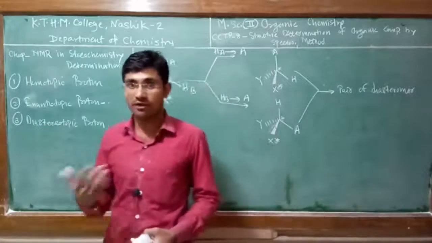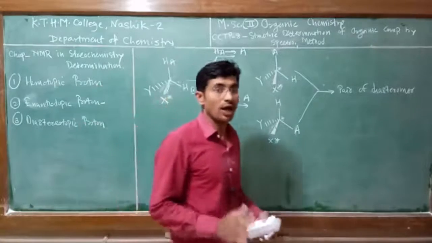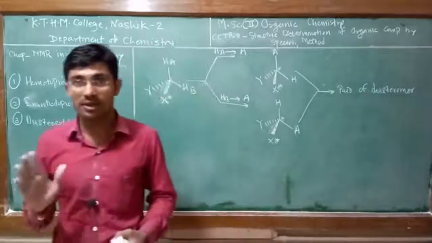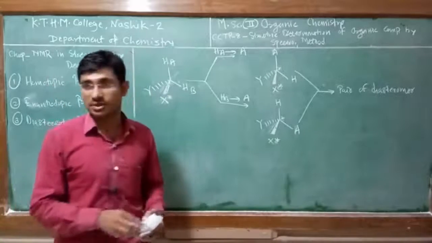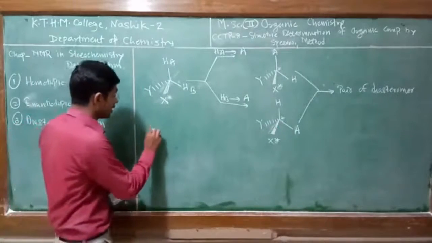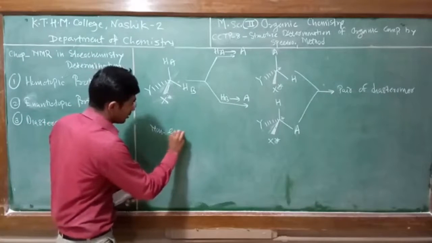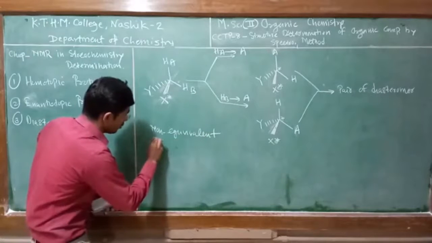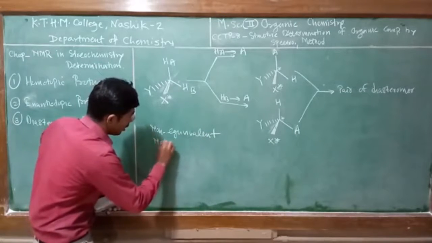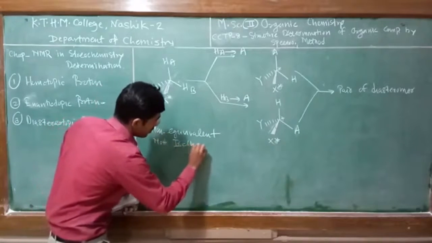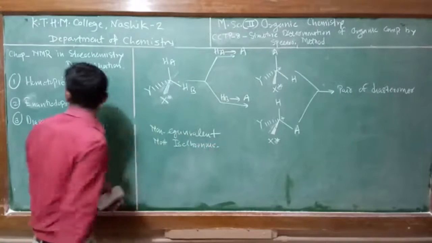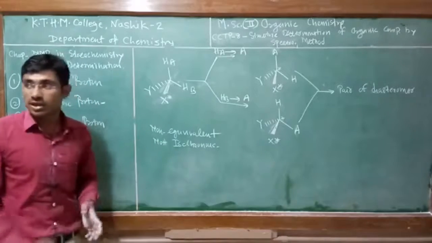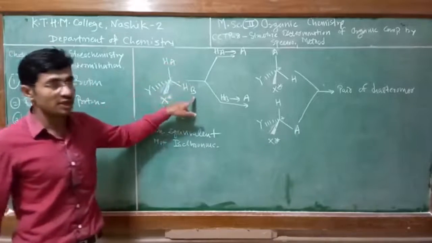these protons are non-equivalent and not isochronous. What I am saying, not isochronous, means they do not have the same chemical shift value. Remember that because of this, they are coupled with each other.